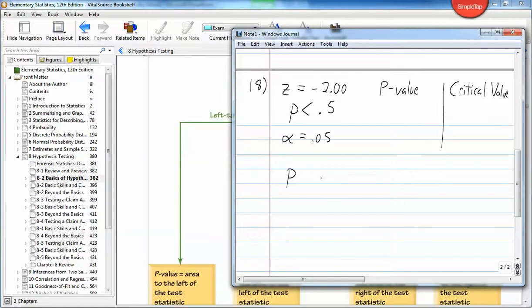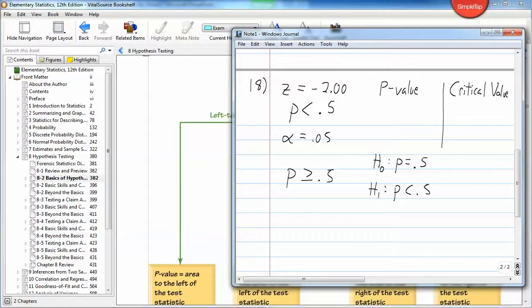So the opposite of that is p is greater than or equal to 0.5. The one with equality is going to be our null hypothesis. So the null hypothesis is p equals 0.5. We always put equals with the null hypothesis. The alternate hypothesis is whatever didn't have equality, so it's p is less than 0.5.